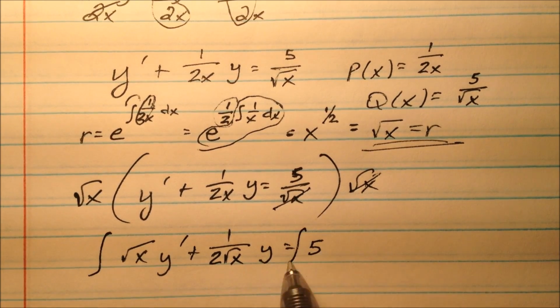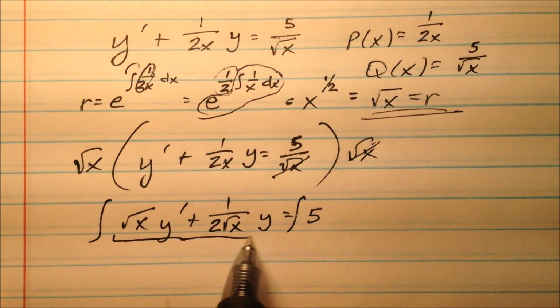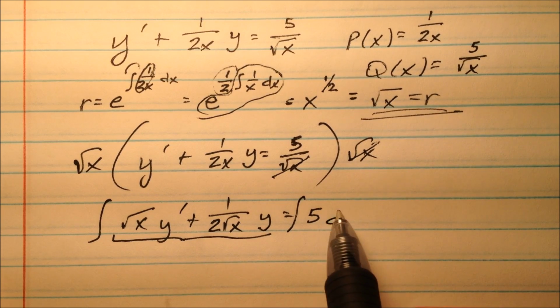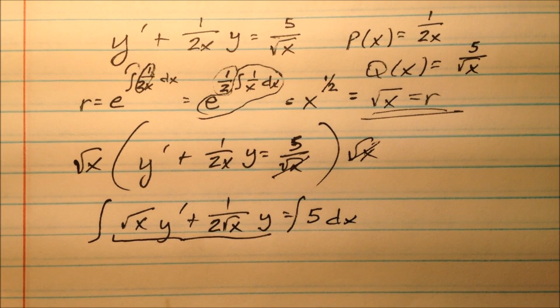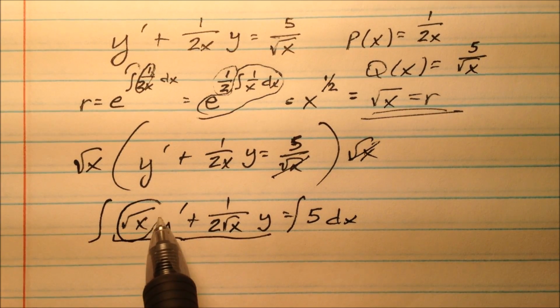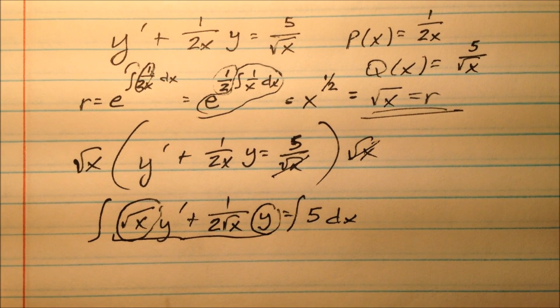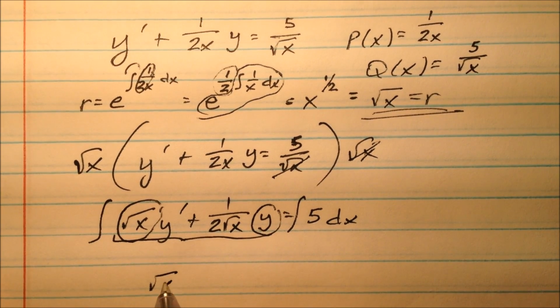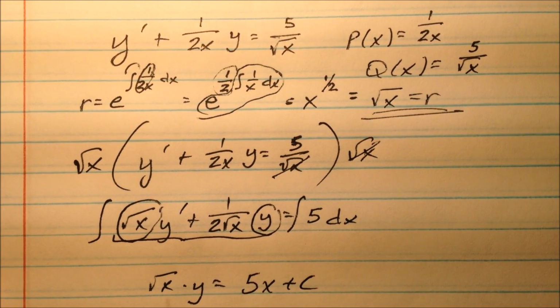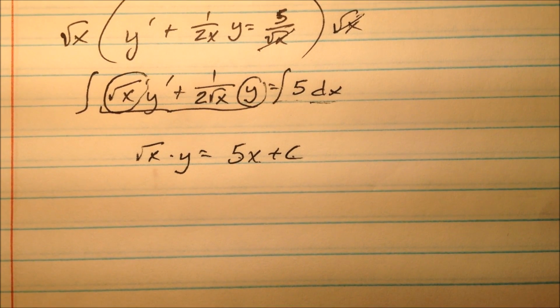So now we can integrate both sides, and this is going to be a beautiful product rule. We can put a dx there. So it's going to be this function and this function that always go together. So we're going to have the square root of x times y equals 5x plus c, because the integral of 5 is just going to be 5x plus c.